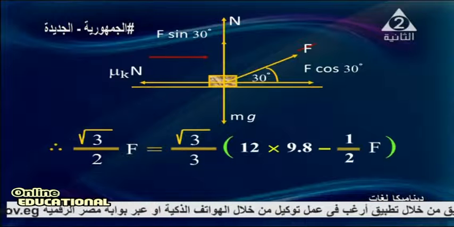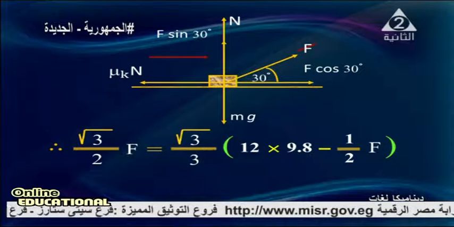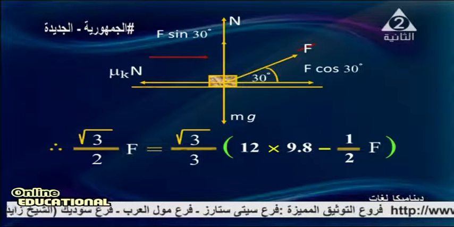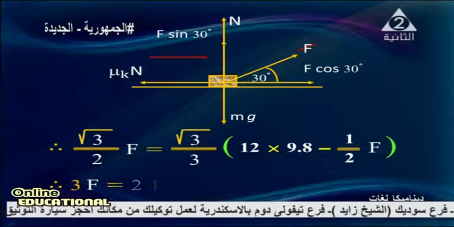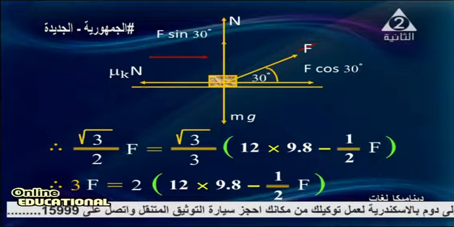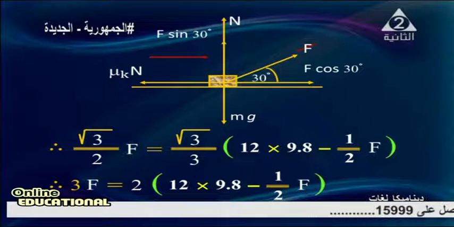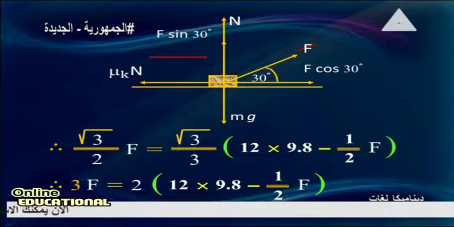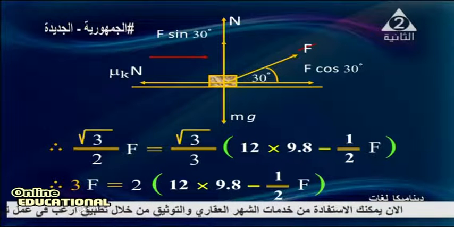Then root 3 over 2 F equals root 3 over 3 multiplied by 12 times 9.8 minus half F. We can cancel root 3 from both sides, and by cross multiplication 3F equals 2 multiplied between two brackets 12 times 9.8 minus half F. Now we can expand the brackets to simplify the equation. Then 3F equals 24 times 9.8 minus F.